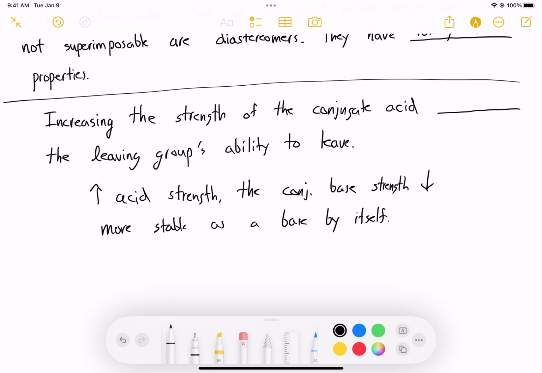So that's why we use strong bases, strong acids, so we can go in one direction and devise a synthesis based on those properties. All right? So increasing the strength of the conjugate acid would increase the leaving group's ability. Let's use some proper English here. All right.